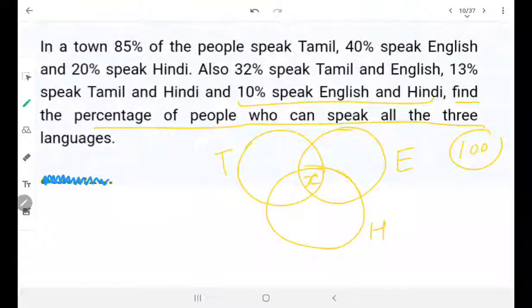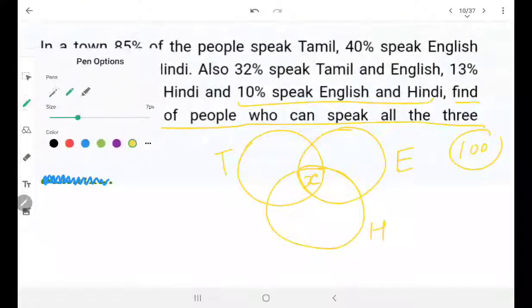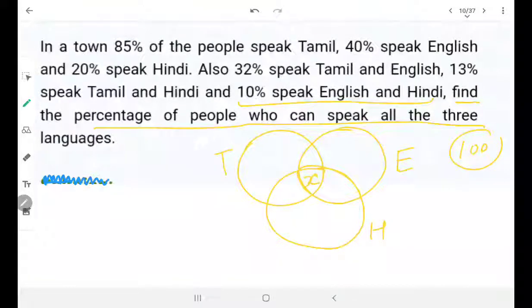If x people speak all three, this will be 10 minus x, because this total is 10. 13% Tamil and Hindi, so it will be 13 minus x, because this total is 13.